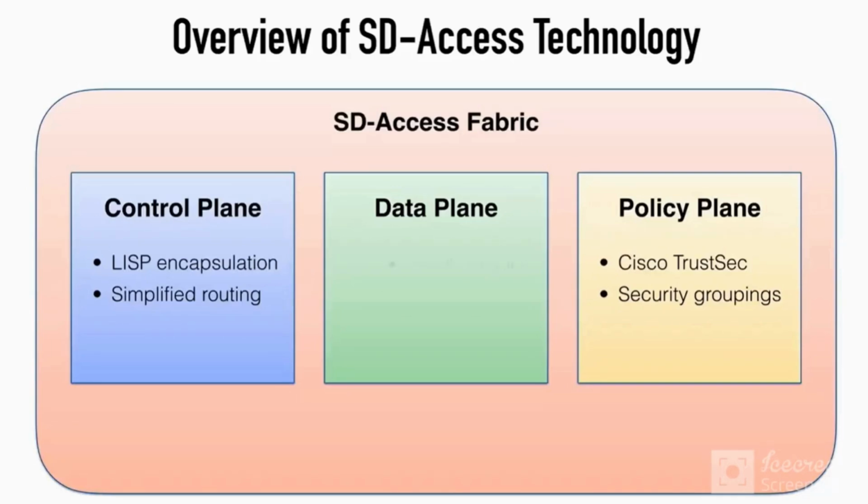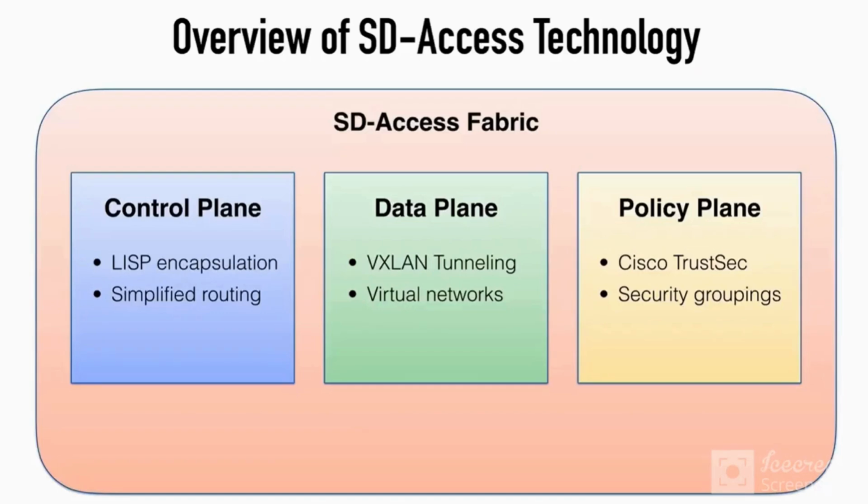The SD-Access data plane leverages a tunneling technology called Virtual Extensible LAN, or VXLAN. This encapsulation is what creates the SD-Access overlay network. This is UDP-based communication, meaning that any IP-capable device has the ability to forward the information.